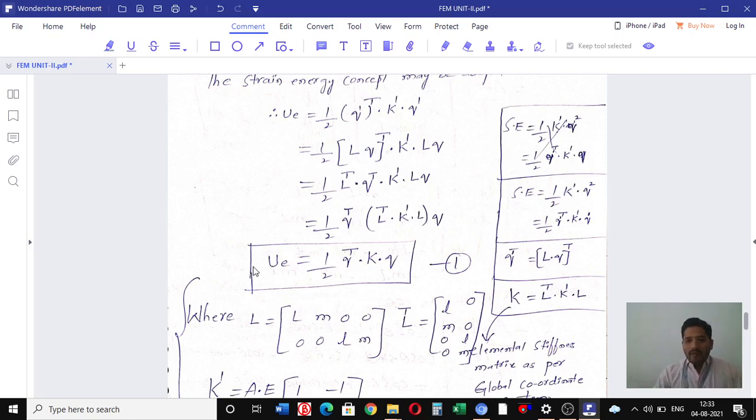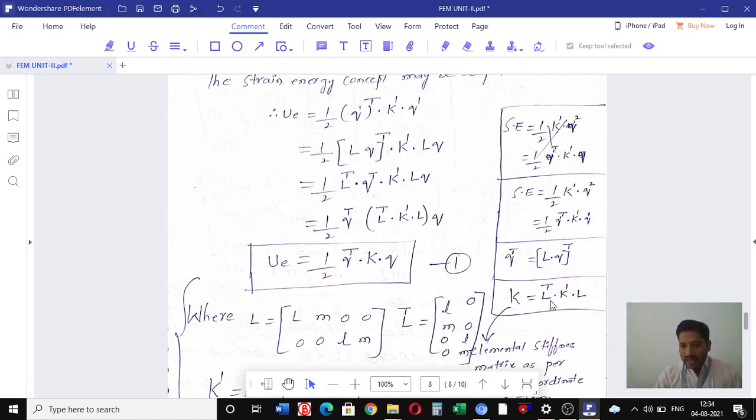Okay dear, so we know very well that L transpose into K dash into L is the elemental stiffness matrix in a global coordinate system. So for that reason we can represent K equal to L transpose into K dash into L. Instead of L transpose into K dash into L, we need to represent the value of K.